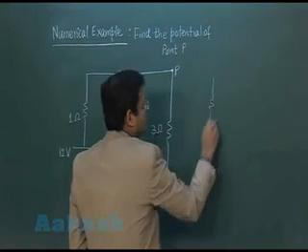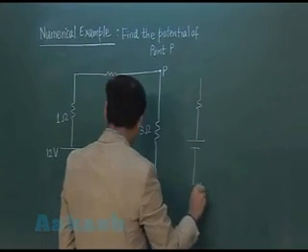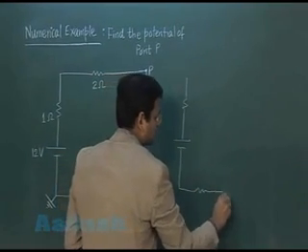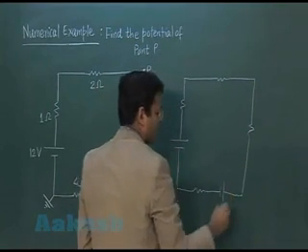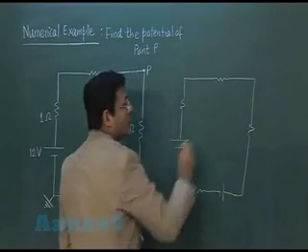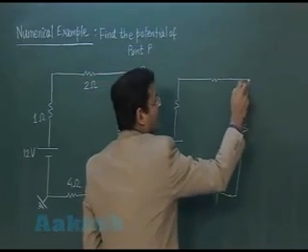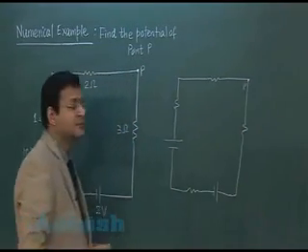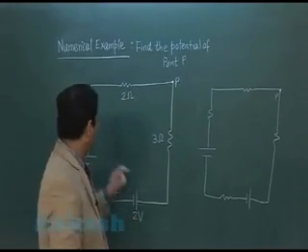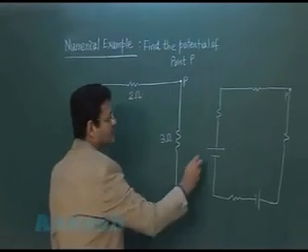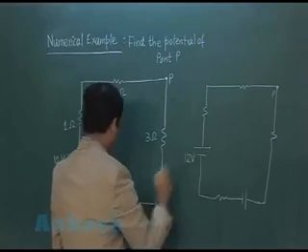It looks like this. This is the point P. First you forget about grounding and try to look at this circuit. Here this is 12 volt and this is 2 volt.